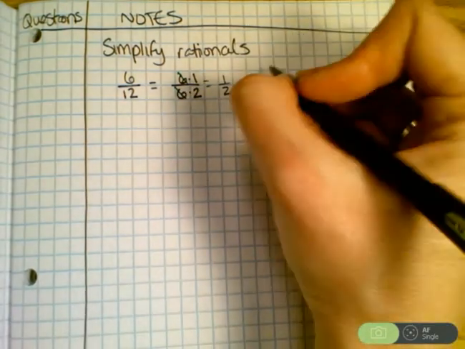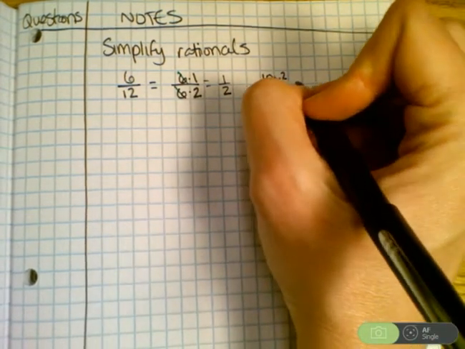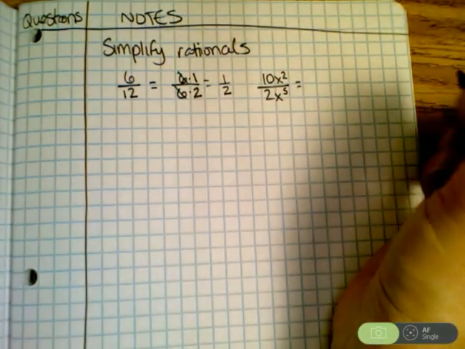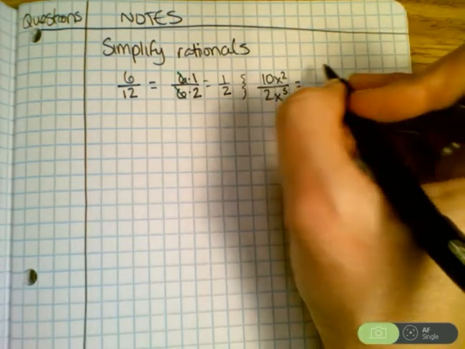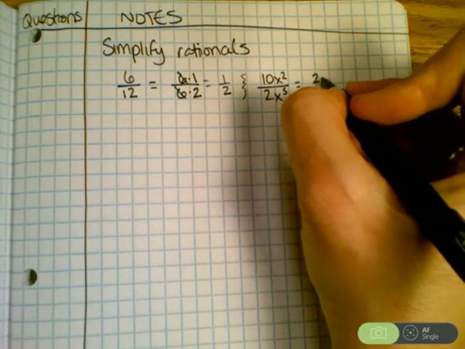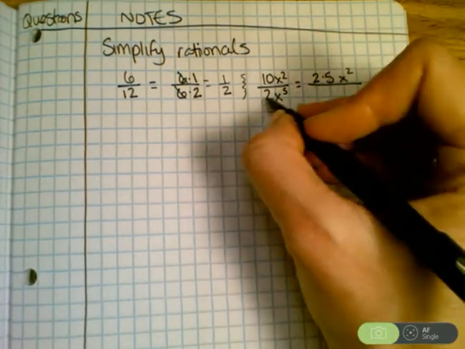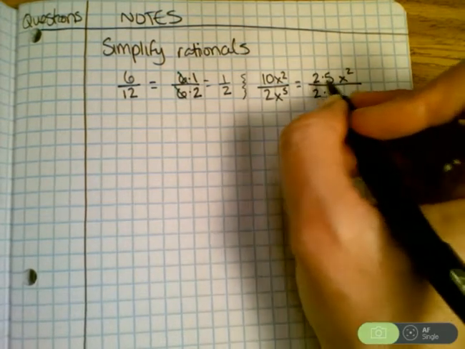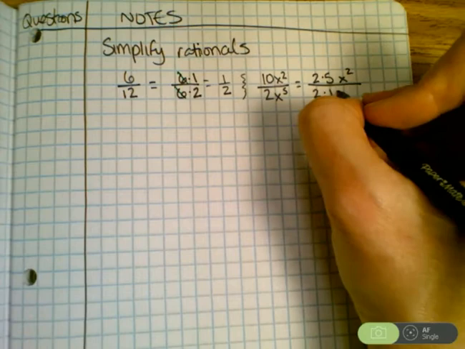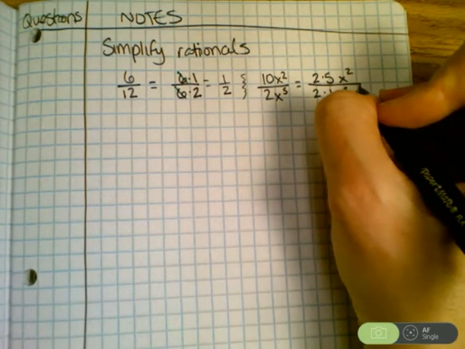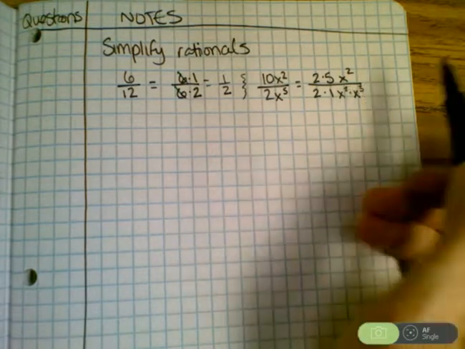If you had something like 10x squared over 2x to the 5th, your brain wouldn't immediately think of how to simplify that, but you can examine it and say to yourself, oh, that's right, 10 is 2 times 5, and I have x squared there. 2 is 2 times 1, and if I think about x squared versus x to the 5th, well, if I had x squared and x cubed on the bottom, those two together give me x to the 5th.